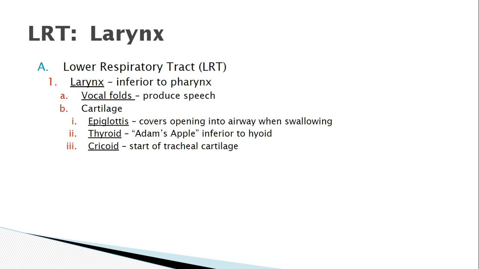These are a pair of really flexible little flaps that are able to vibrate. And you have muscles that are able to stretch these and control how tight they are. When you make them really tight, they vibrate very quickly and produce a high pitch voice. And when you relax them, they produce a lower pitch with your voice. So this is how you control your pitch when you're singing or talking.